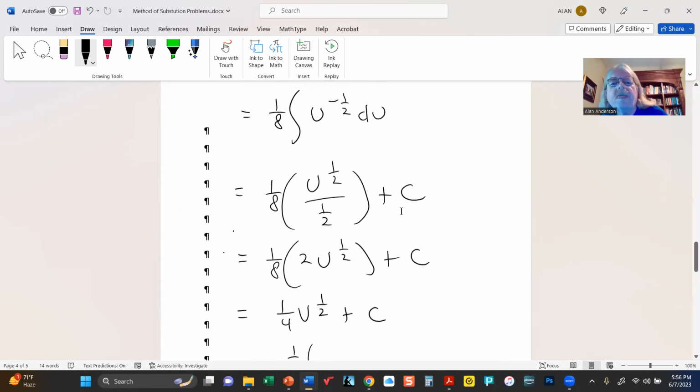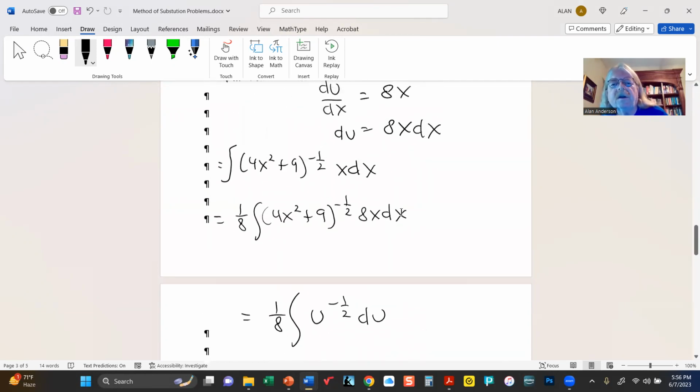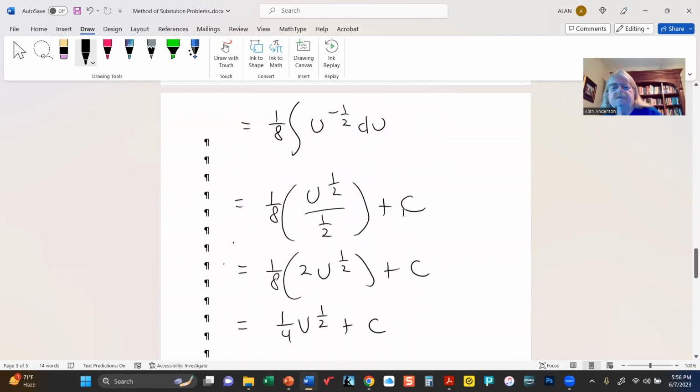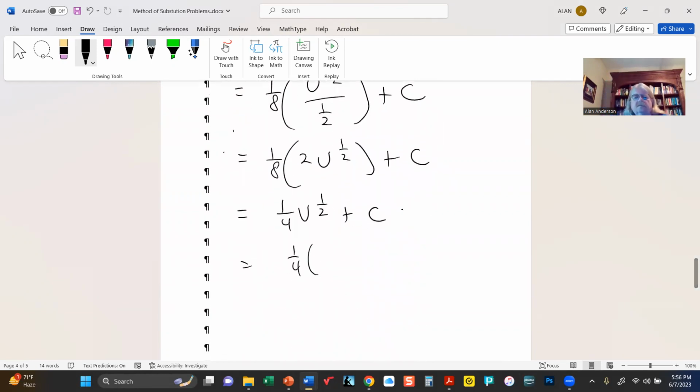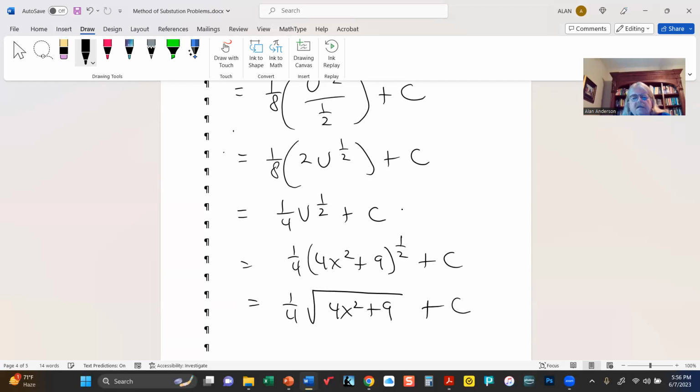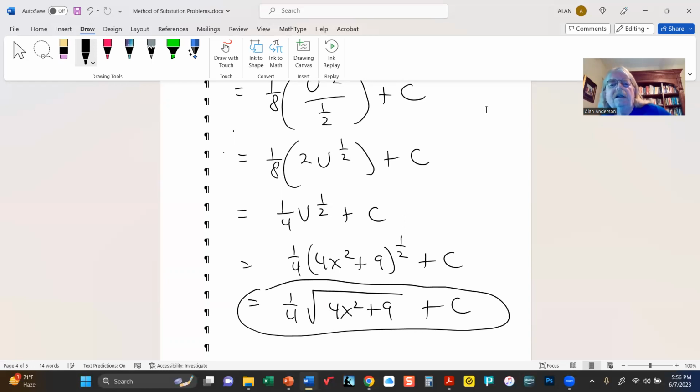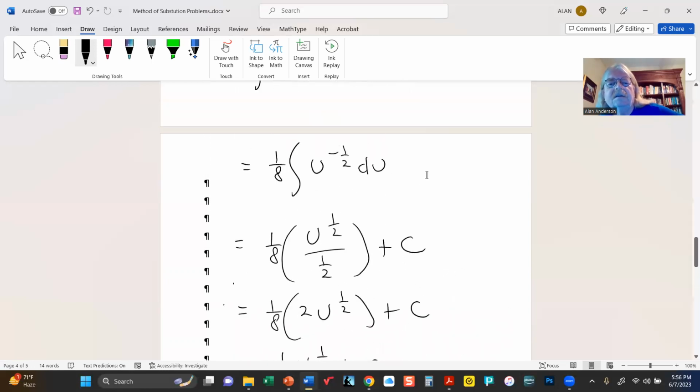And of course, u once again was defined as 4x squared plus 9. And if you prefer, you can rewrite this as this. Okay. So that one's done.